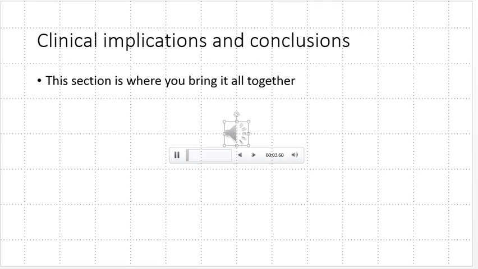Okay, now you've shown your stuff. You collected the data, you sorted it by themes, you said what the themes were. Now here's where you really bring it all together as a nurse practitioner and say, what do all these themes mean? What does this mean for how I can use the evidence clinically, and what kind of conclusions will I make?